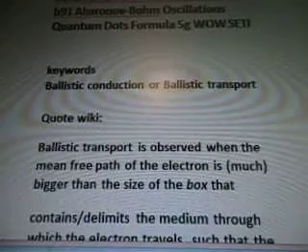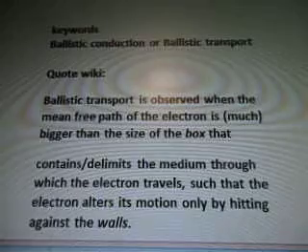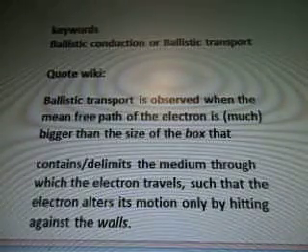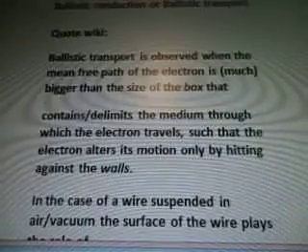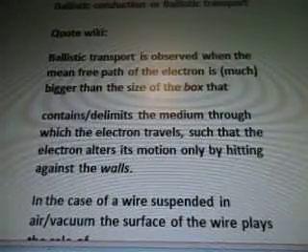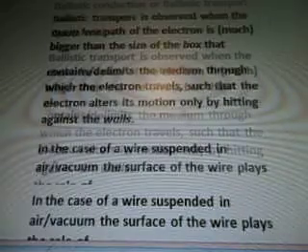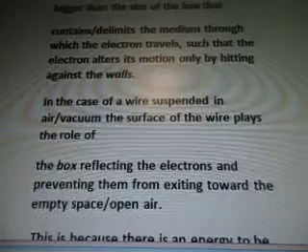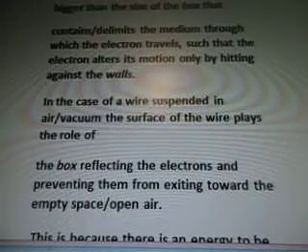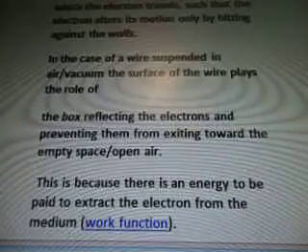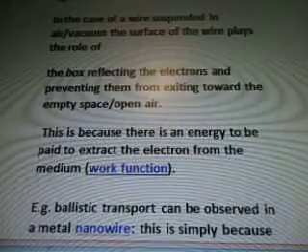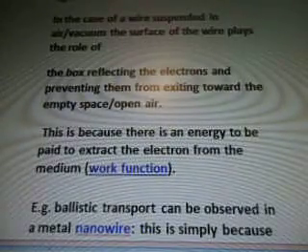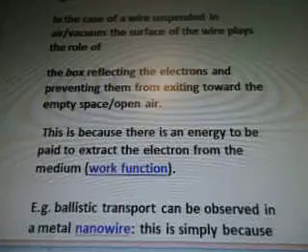So the keywords: ballistic conduction, ballistic transport. Quote from wiki: ballistic transport is observed when the mean free path of the electron is much bigger than the size of the box that delimits the medium through which the electron travels, such that the electron alters its motion only by hitting against the walls. In the case of a wire suspended in air vacuum, the surface of the wire plays the role of the box, reflecting the electrons and preventing them from exiting toward the empty space, open air.